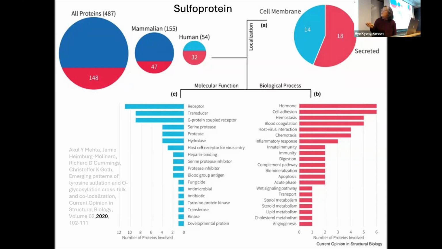So the big circle on the top is the number of sulfoproteins across all genes or species.